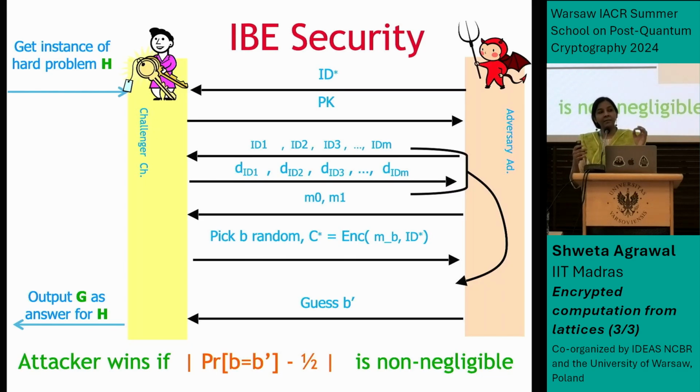The reduction over here, I'm using challenger and reduction interchangeably, needs to answer key queries for IDs not equal to ID star, and it also needs to embed ID star somehow into the challenge ciphertext. And this turns out to be very challenging to do in general.